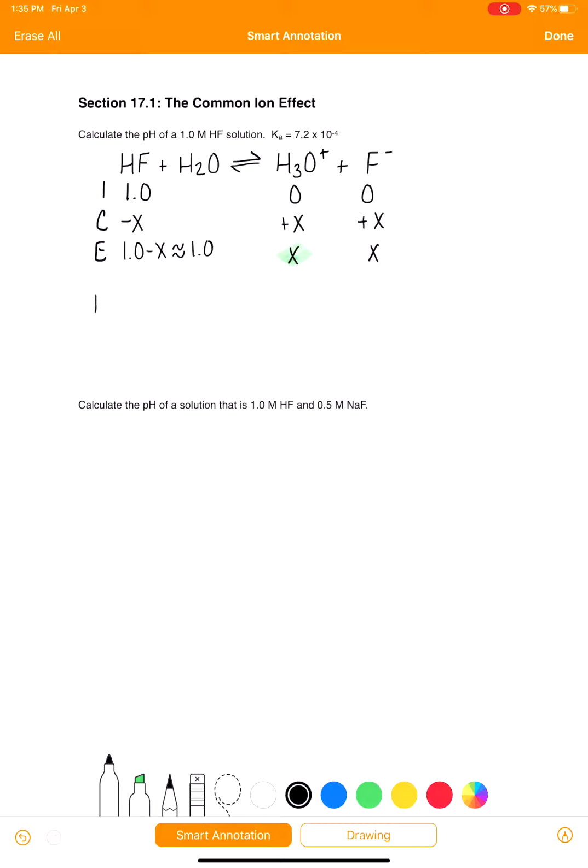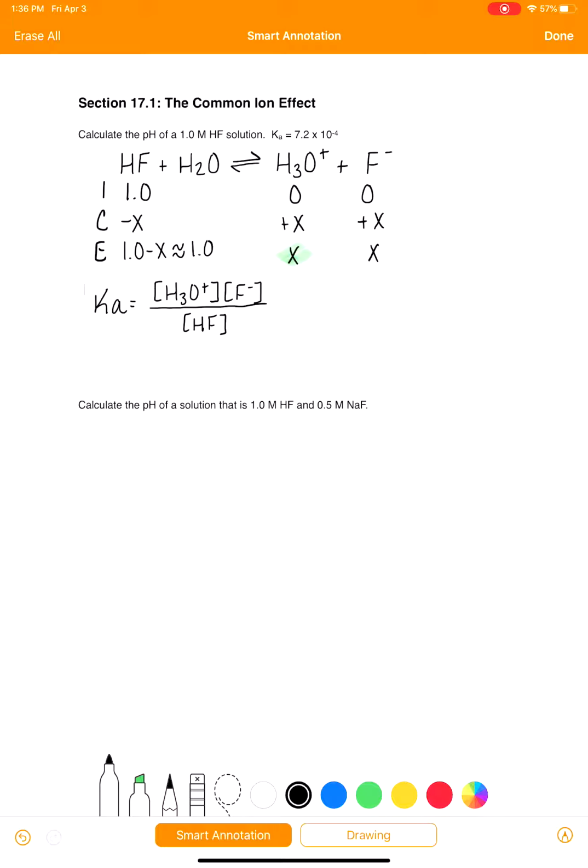So to solve for X, we're going to write an equilibrium expression, H3O+ times F- over HF, and we're going to plug in what we know.